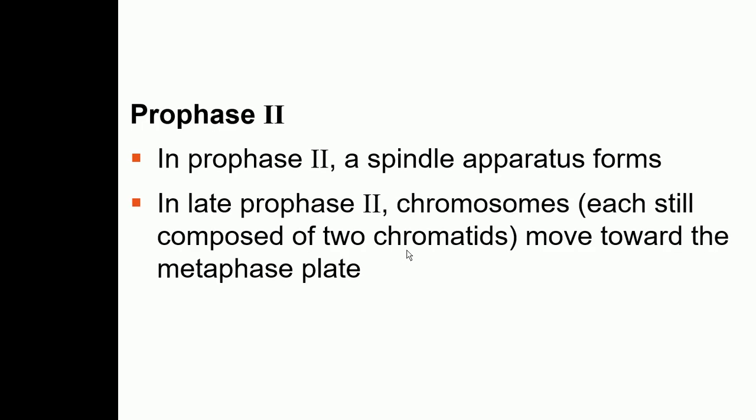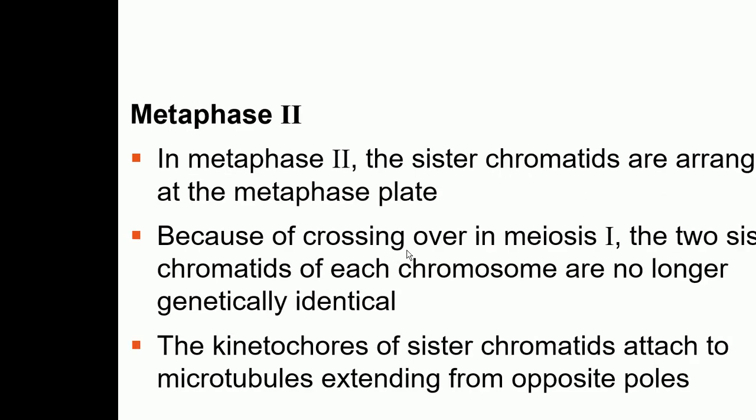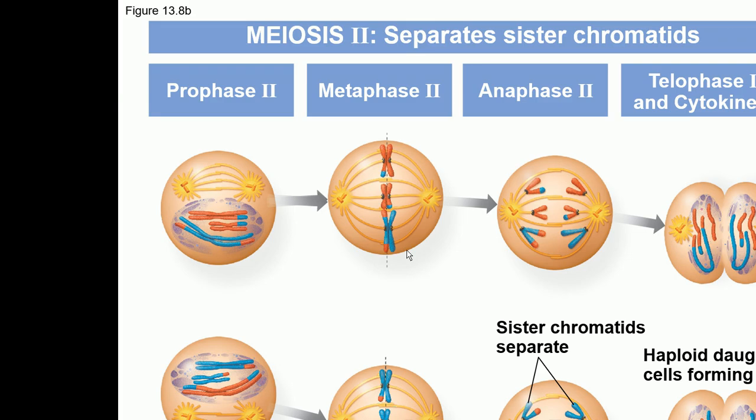And meiosis 2 is exactly like mitosis. So in prophase 2, there is no crossing over, nothing. And in metaphase 2, after meiosis 1, there's a formation of two daughter cells, and each cell will undergo meiosis 2.